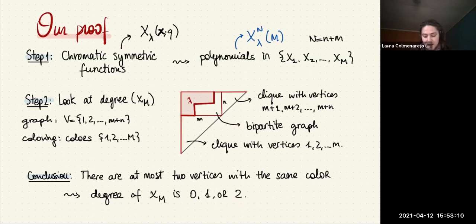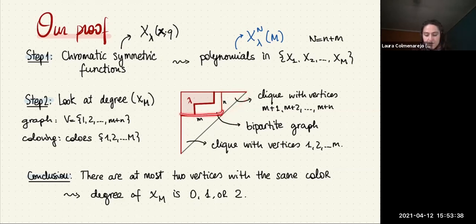With the abelian Dyck path, I can look at this first triangle and this second one, and those are cliques, which means that all the vertices are connected, because I can go from each of these vertices to each of the other ones. They all have to have different colors. And the same happens in this other part. So I have 2 cliques.